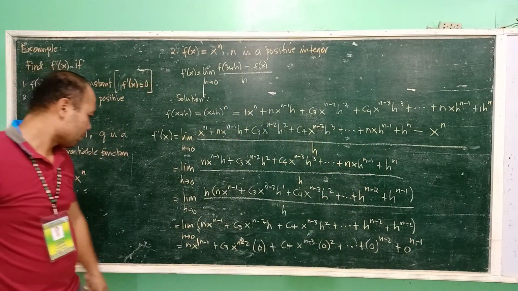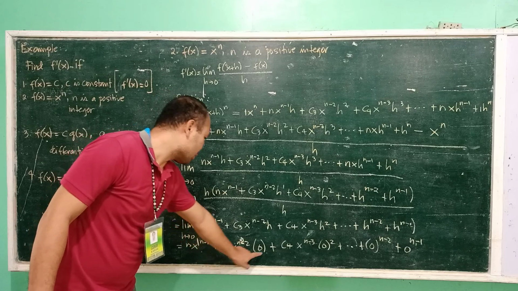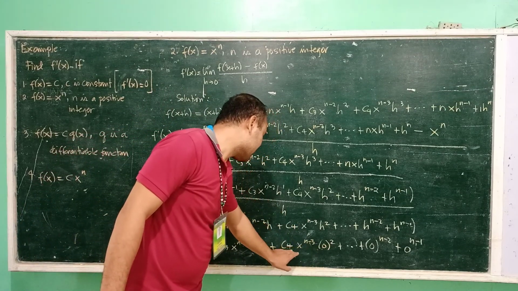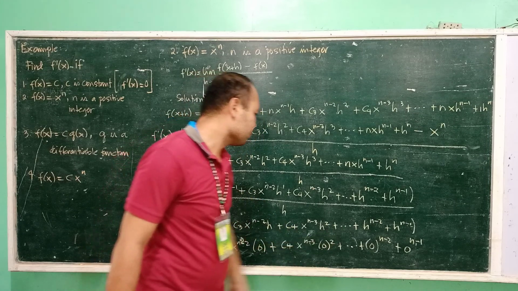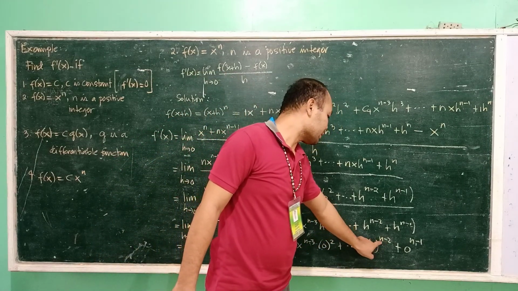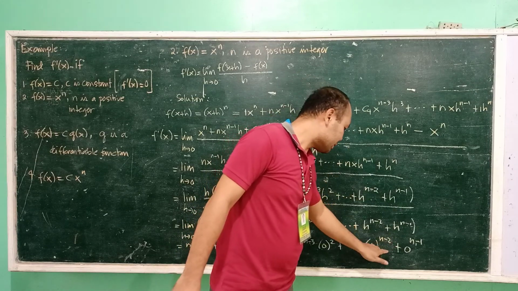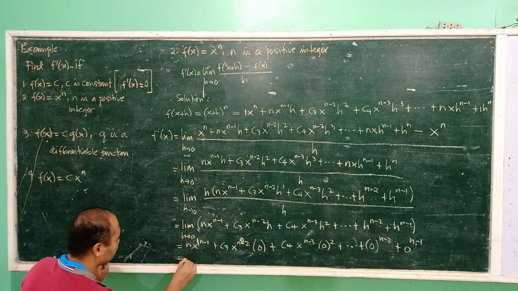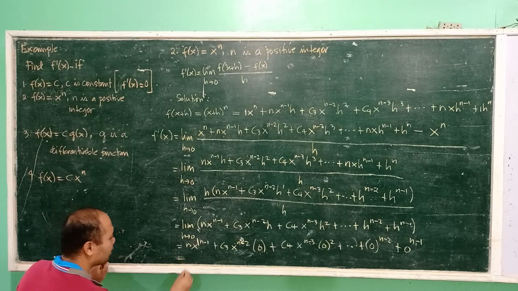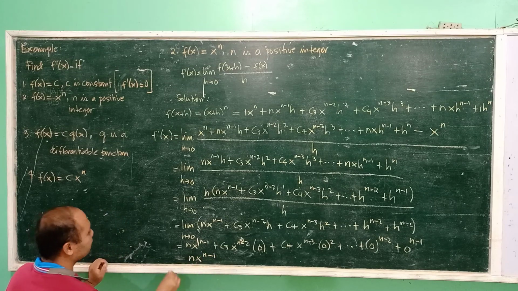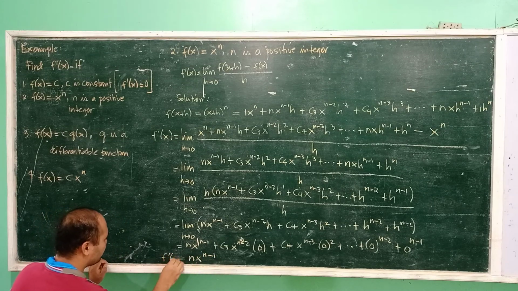So this expression multiplied with 0, that is 0. 0 squared, that's 0 times this, so it will become 0. 0 to the power of a positive integer, because n is a positive integer, so this is 0 and this is 0. So what is left? The term left is only n x to the n minus 1. So this is our f prime.